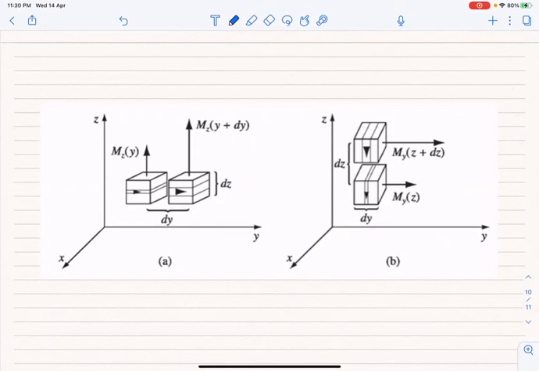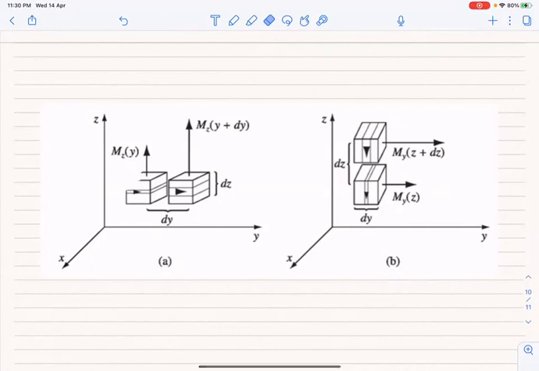Consider two adjacent current loops with a thickness dz, separated by a distance dy.